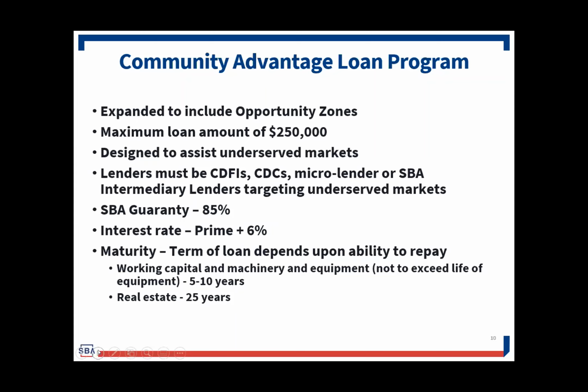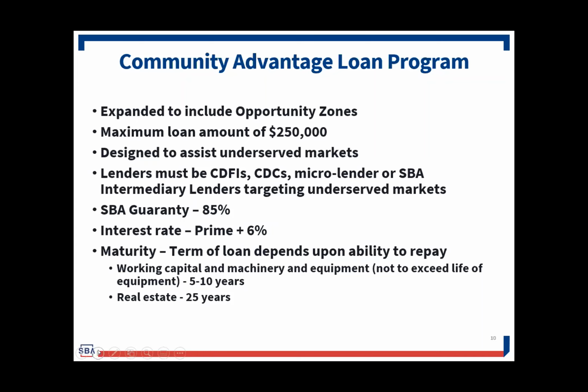Remember earlier I mentioned that when a loan is over $150,000, our guarantee is 75%, but to encourage the lenders to make the loans to those underserved markets, we're allowing them the benefit of an 85% guarantee. The interest rate is slightly higher, it's prime plus 6%.